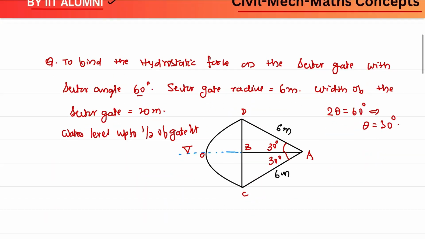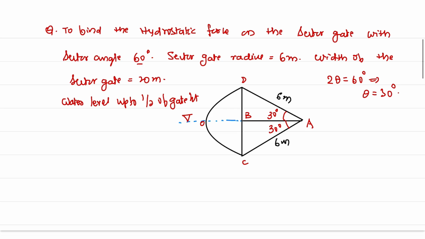Now, the gate is resting on a spillway. That also we explained in the last class. Horizontal forces we have done. Now vertical forces we have to calculate. What is the vertical force?